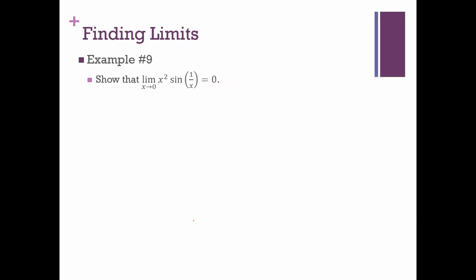But what happens to 1 over x as x gets really, really close to 0? Gets larger and larger, right? Can you take the sine of a really, really large number?